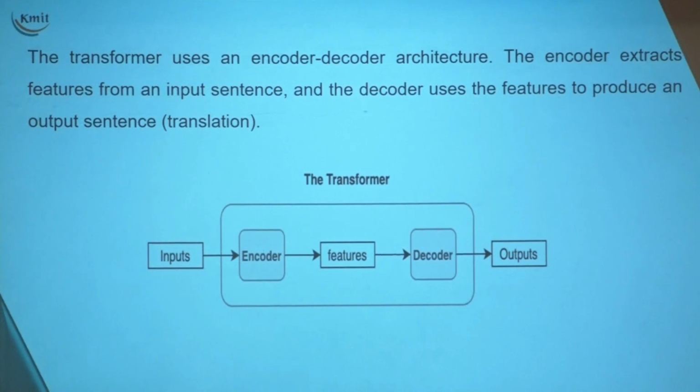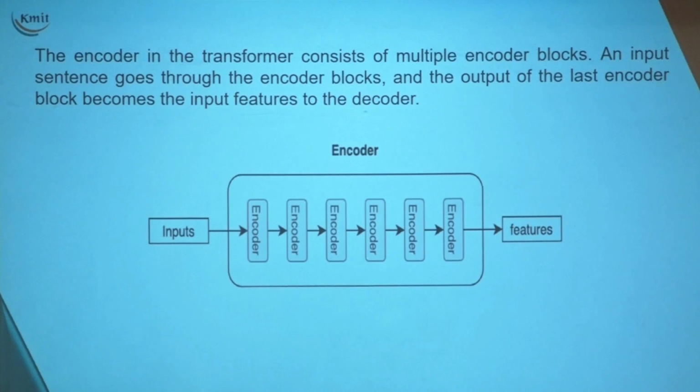And these features are given as input to the decoder. From the decoder we generate outputs. So this is the overall block diagram of the transformer model. When I talk about only the encoder, what is the encoder actually doing? It takes the input, processes that input, and gives the hidden states as output to the decoder.